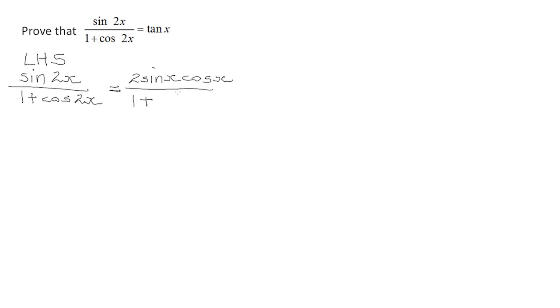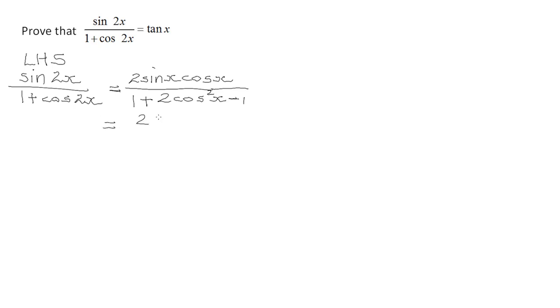And that's why the best option to use here will be formula number 16. 2 cos squared x minus 1. Because tan x means sine x over cos x according to formula number 5. And now we're just going to simplify.